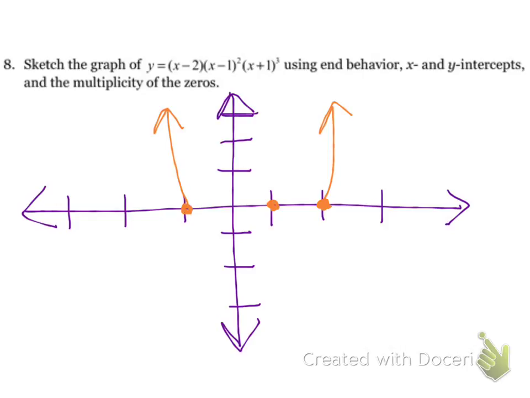So the next thing I want to do is figure out my y-intercept. And my y-intercept, basically, you just plug in 0 for x. So we have y equals -2 times -1 squared times 1 cubed, and this gives you -2.